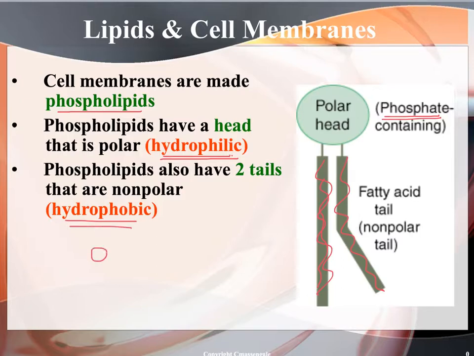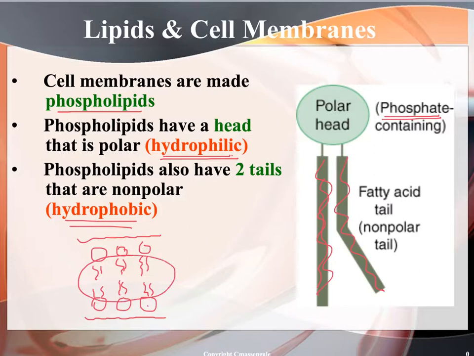So if you remember all these diagrams of the cell membranes, we would draw these little phospholipids with their lipid tails to the inside and the phosphate heads to the outside, because the watery environment outside the cell is here and the watery environment inside the cell is here, and those will be attracting the phosphate groups, whereas in the middle you have the hydrophobic lipid tails.